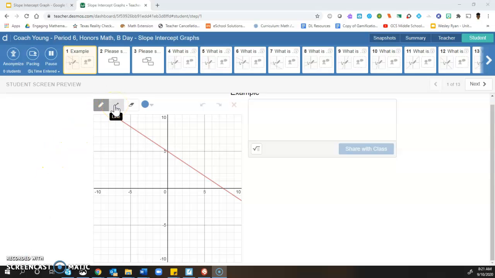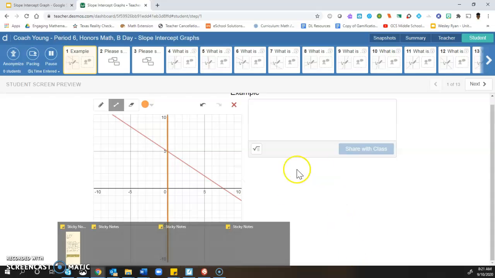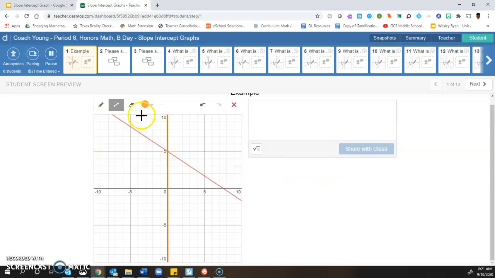One thing that is helpful is if you use the lines, you do have to sketch your rise over run on your graph. You have to. I'm going to change this to orange. I'm going to draw a line on my y-intercept because that indicates me highlighting my y-intercept. Then I'm going to ask, where does my line cross the y-axis?